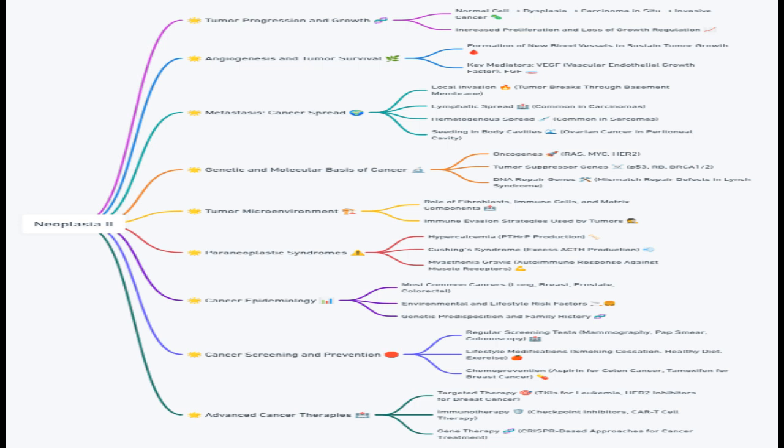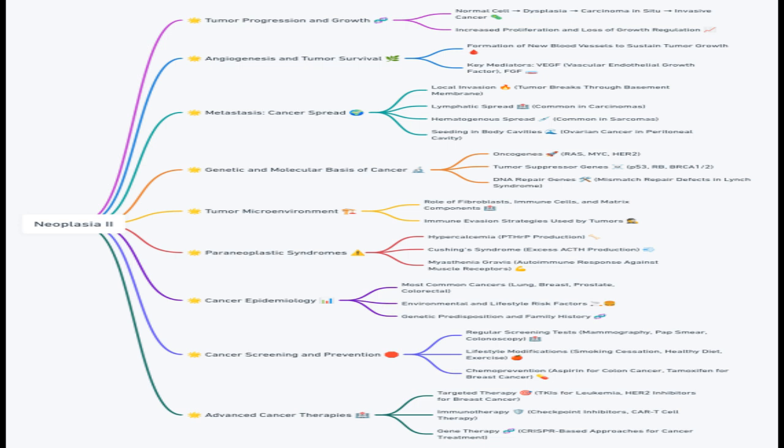And how does infiltrating ductal carcinoma differ from ductal carcinoma in situ? Infiltrating ductal carcinoma, as the name goes, is invasive and lacks a basement membrane, but ductal carcinoma in situ is non-invasive and remains confined within the ductal system. And what molecular markers are used in infiltrating ductal carcinoma diagnosis?